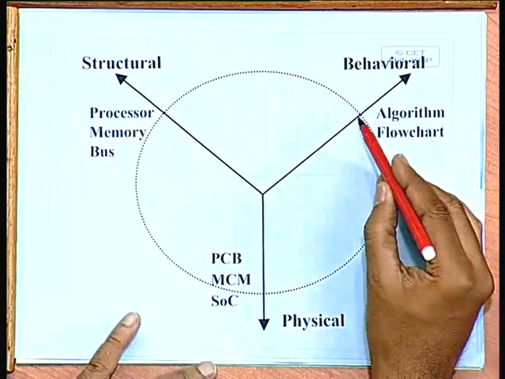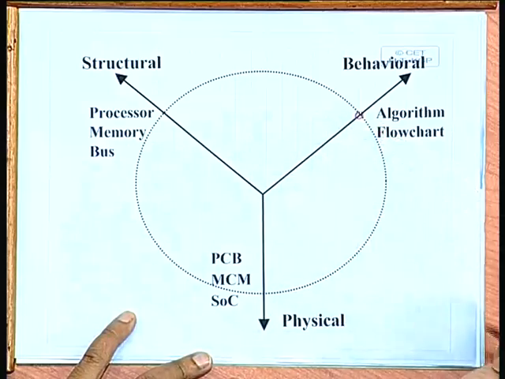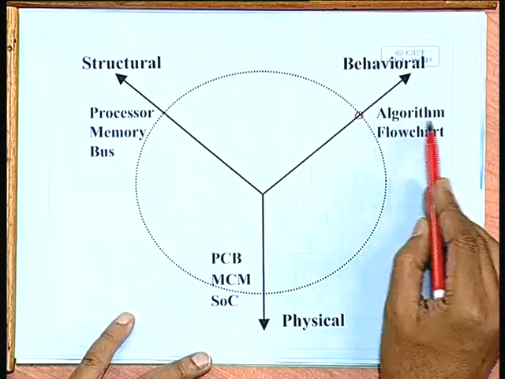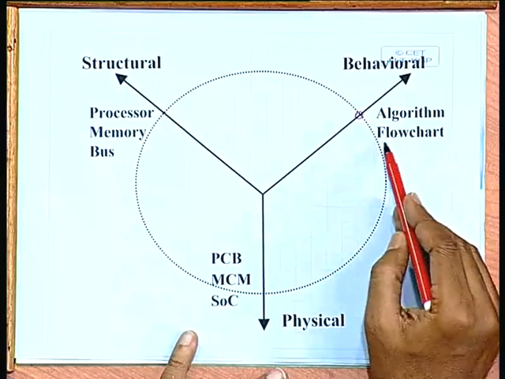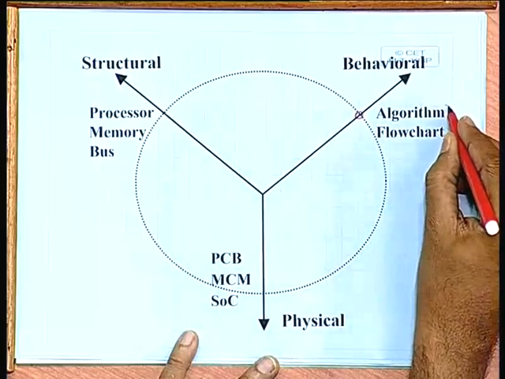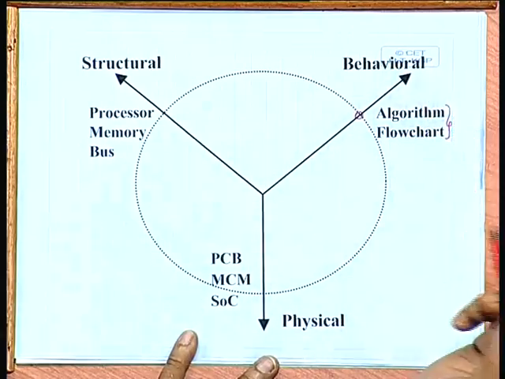Well, in terms of the behavior, at the most abstract level, a design can be specified by simply specifying the algorithm, or if it is a system level design, you can also specify the flowchart. So, algorithm or flowchart is a very high level kind of a design specification.